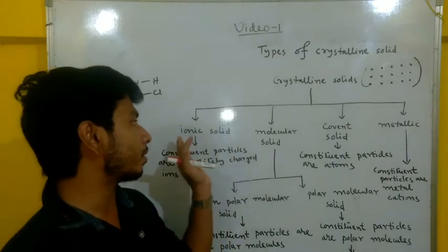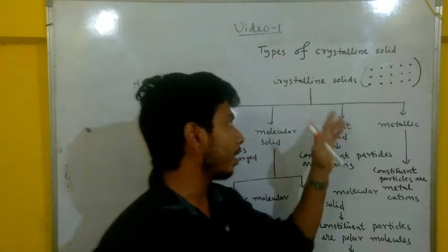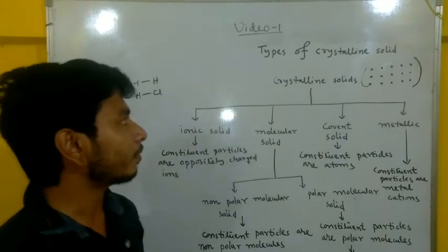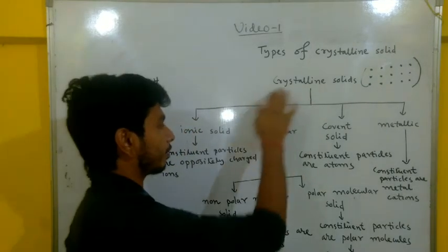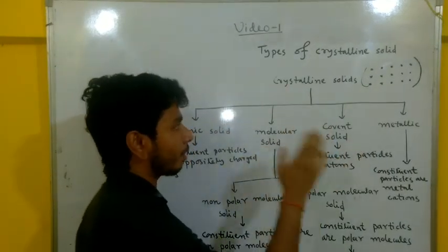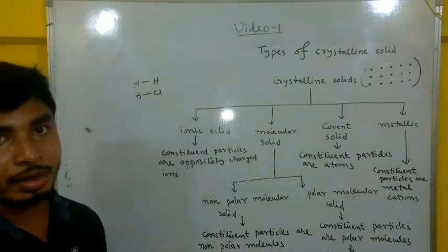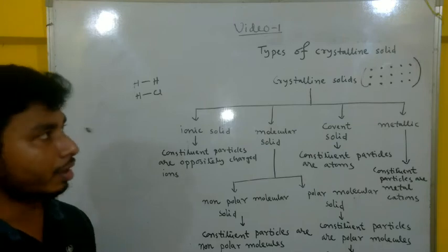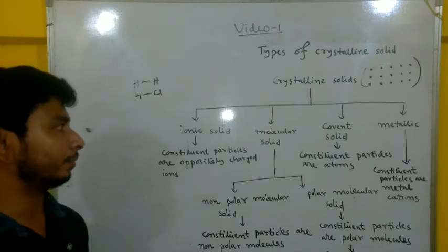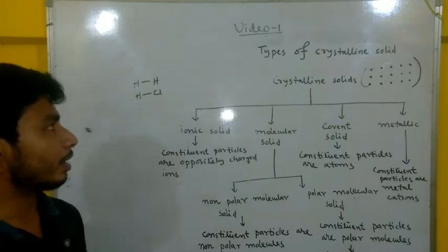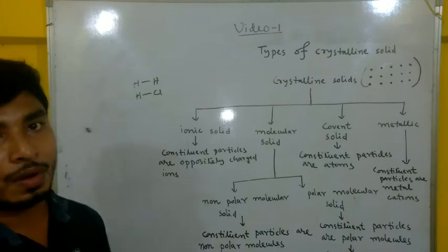So this is about the different types of crystalline solid. Crystalline solid is classified into different types on the basis of the nature of the particles and the type of attraction between the particles.